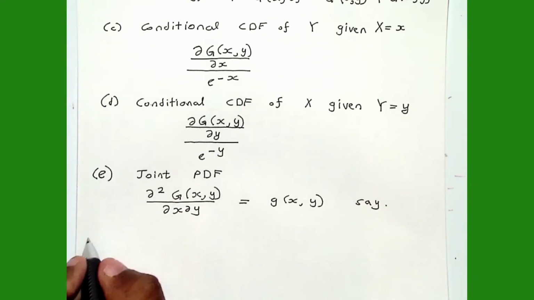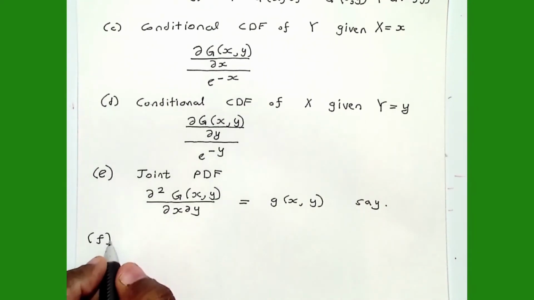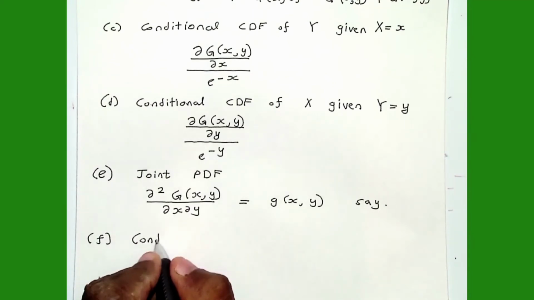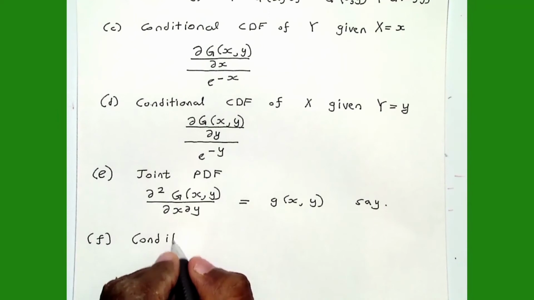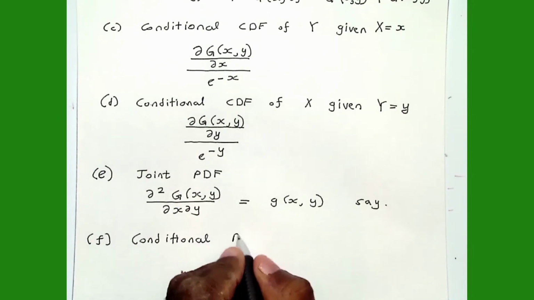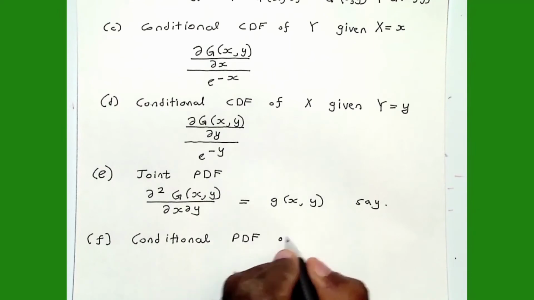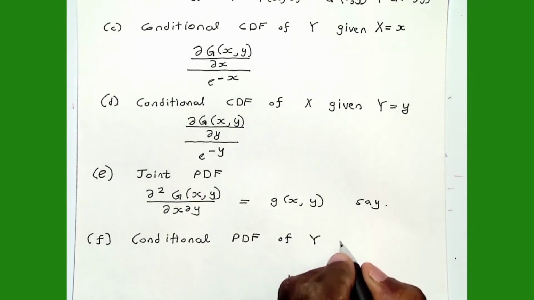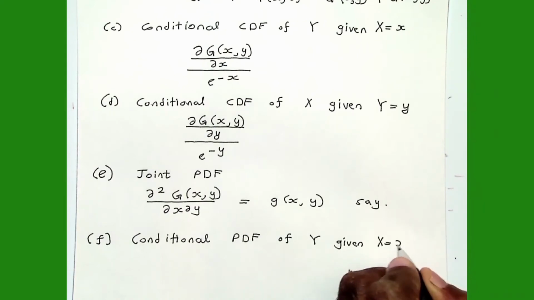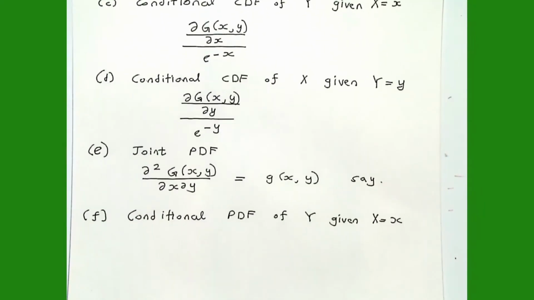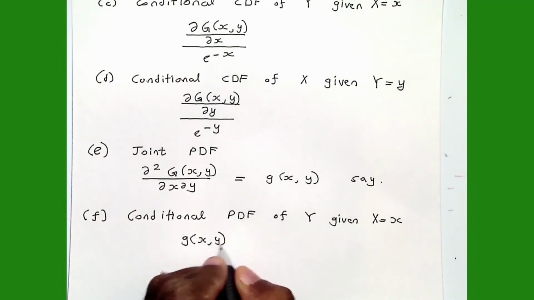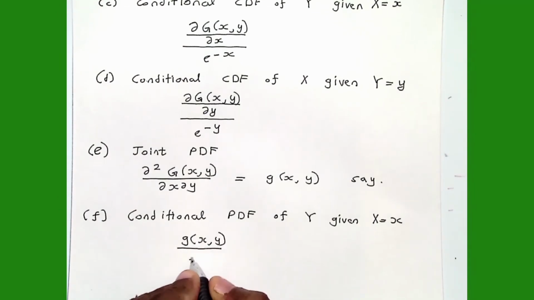And to do part F, which is asking you for the conditional PDF of y given x equal to x, right? To find this, you use the following, okay.